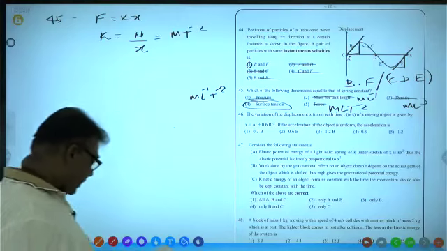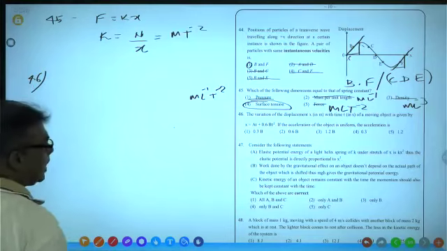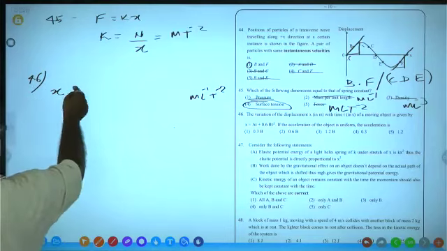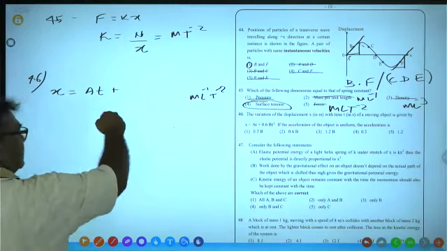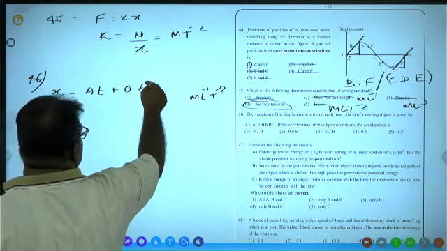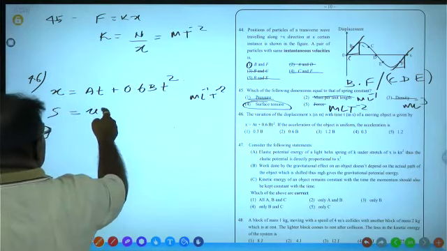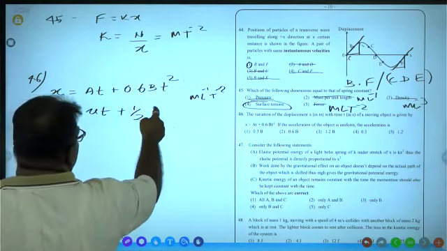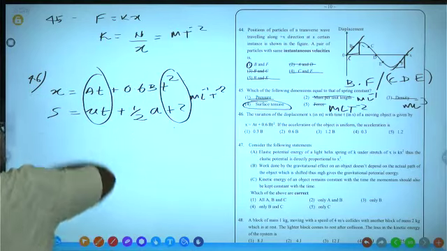Okay, right. Number 46. Let's see. The equation is mentioned: x equals at plus 0.6 bt square. As soon as you see this, equate it with ut plus half at square, t to t corresponding, at corresponding.